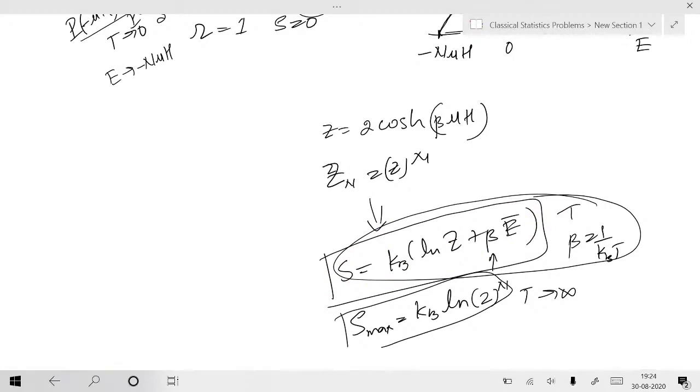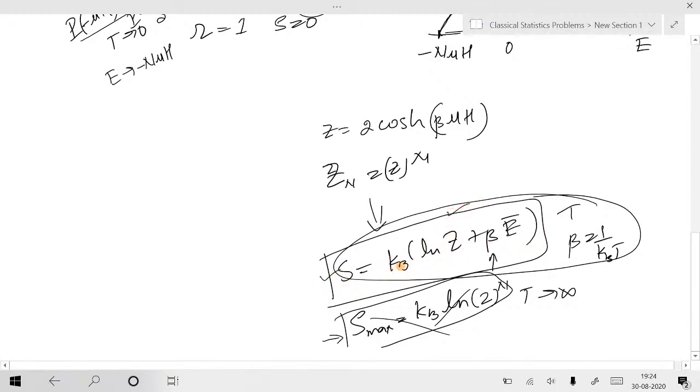Don't think that when you leave the system it will always approach this maximum possible entropy. That will never happen. It will not automatically attain this one. But it will attain this one, that is the approach to thermal equilibrium.